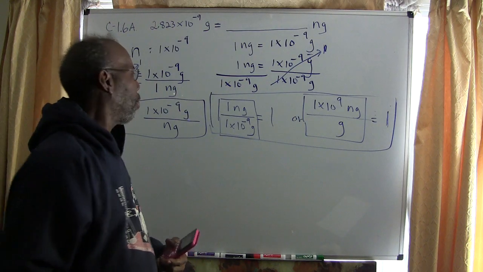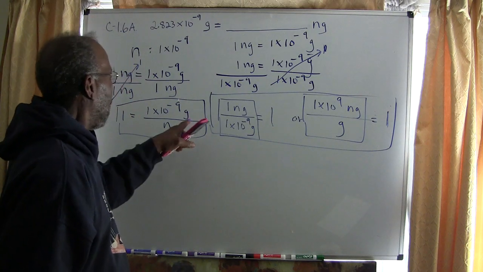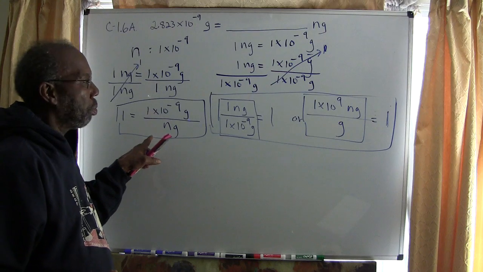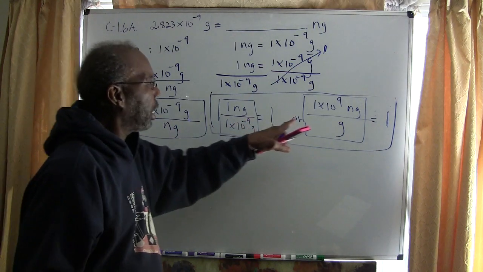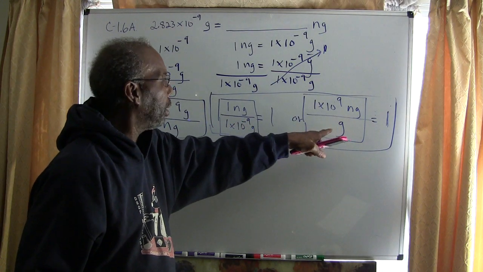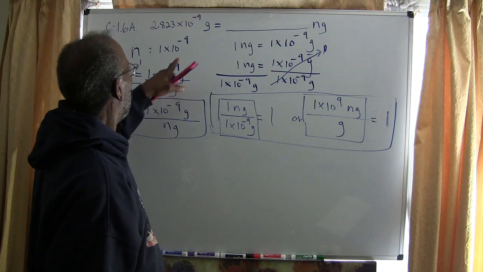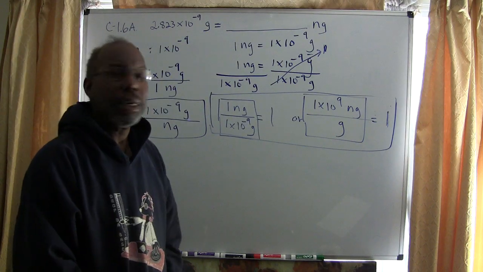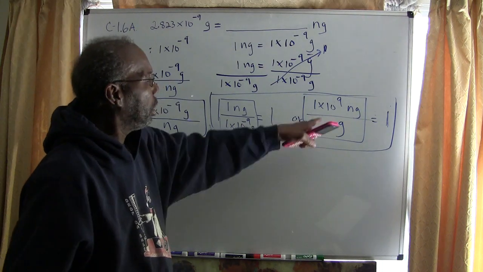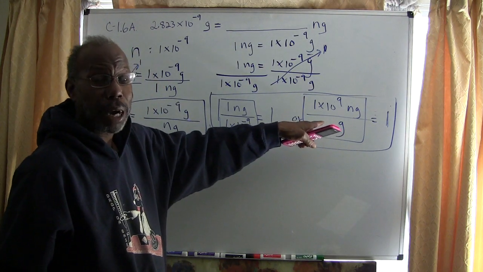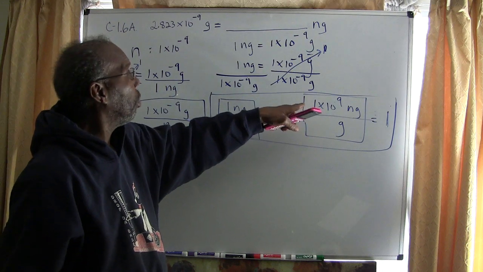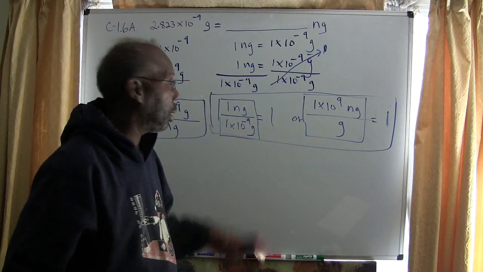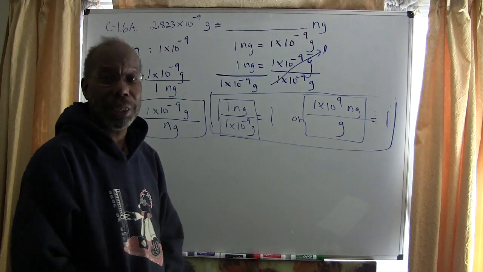So you're not going to be able to cancel out the grams using this conversion factor. But since the grams is in the denominator here and in the numerator there, this is the preferred conversion factor that we use to convert grams to nanograms. Or you can use that one as well, these two are all equivalent.